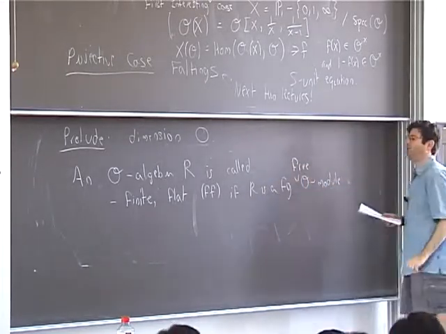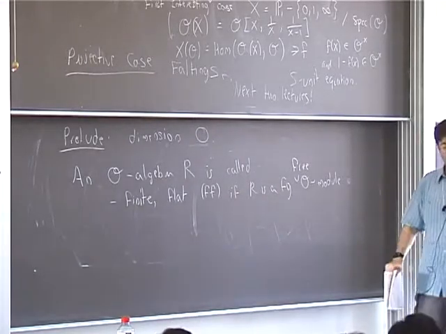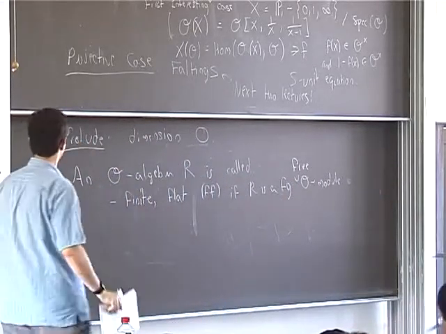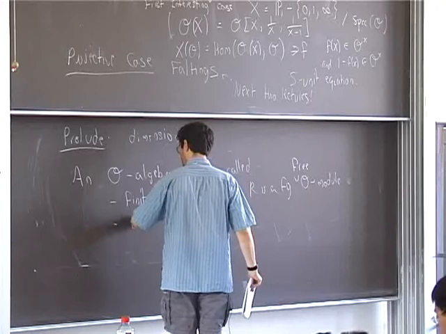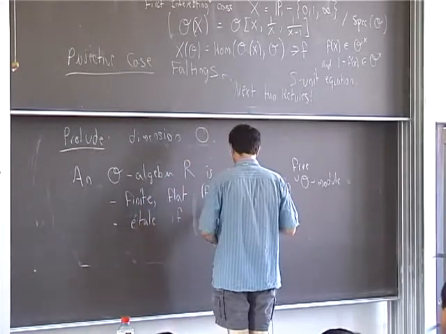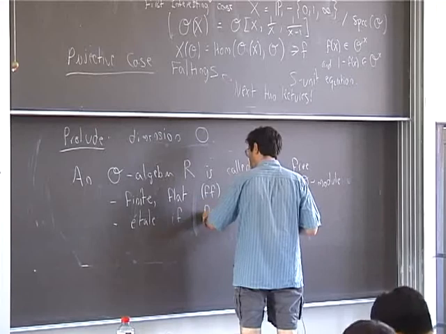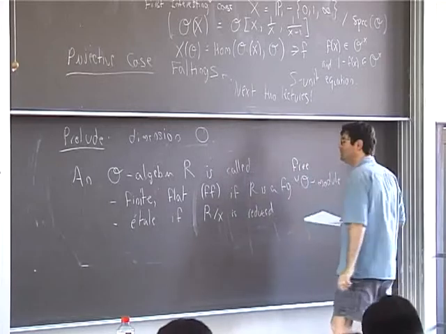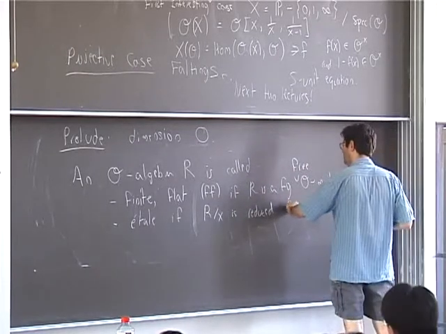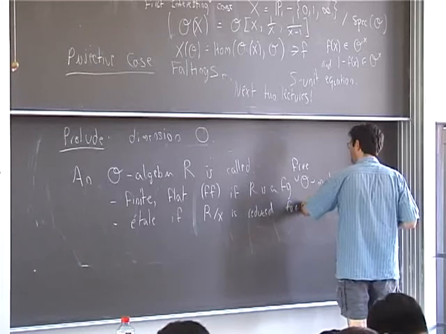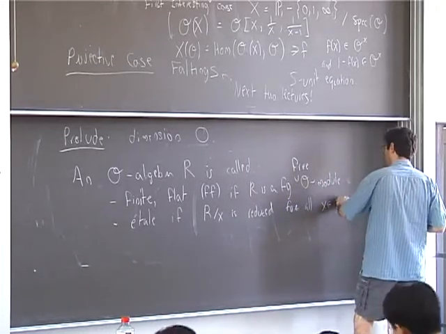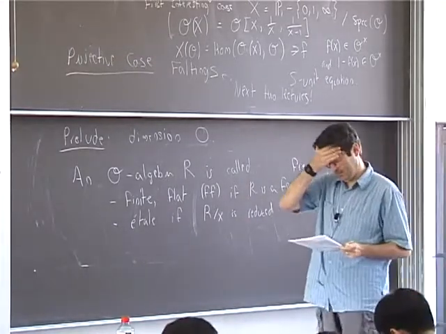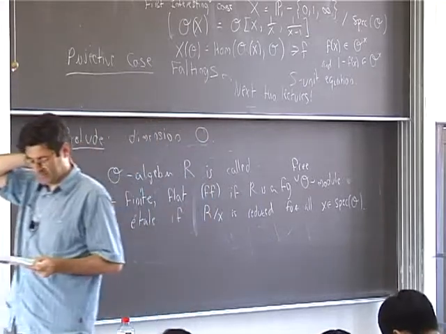So as a module, it's just a finite number of copies of O, equipped with a multiplication. Okay, and then I say that it's étale over spec O if the quotient R mod X is reduced. It's a reduced algebra. In other words, it has no nilpotent elements for all ideals X in spec O. So the quotients by all prime ideals are reduced, with no nilpotents.